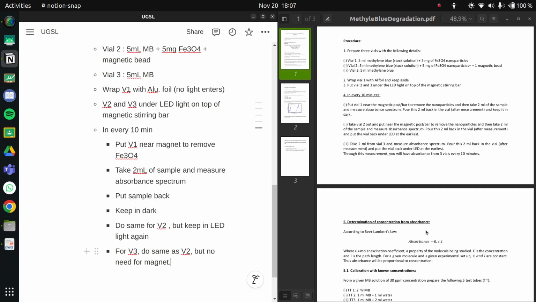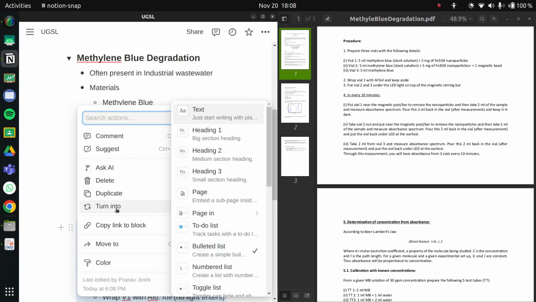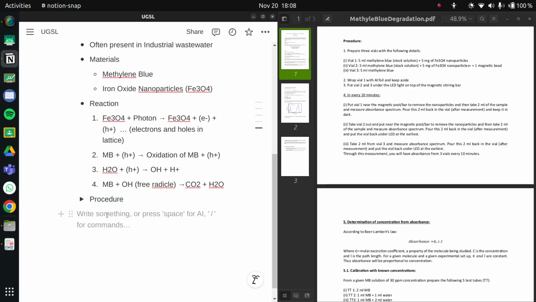Then determination of concentration from absorbance. Okay, cool. This is the procedure, isn't it? Yeah, actually. Cool. Next, what we want is determination of concentration from absorbance.